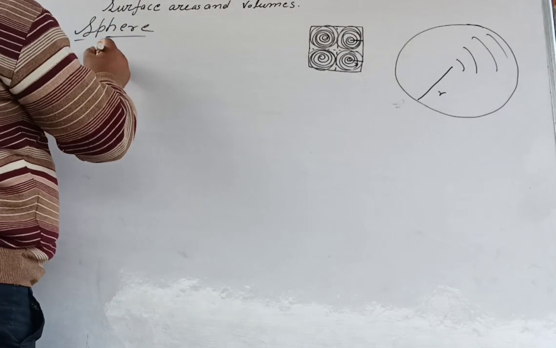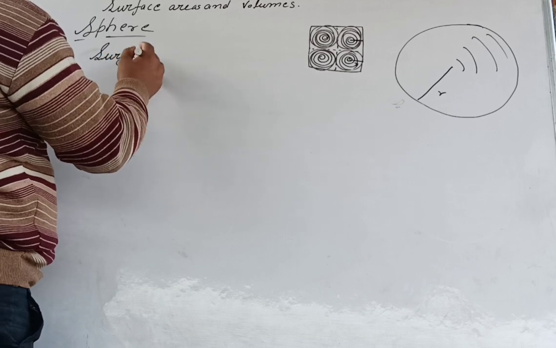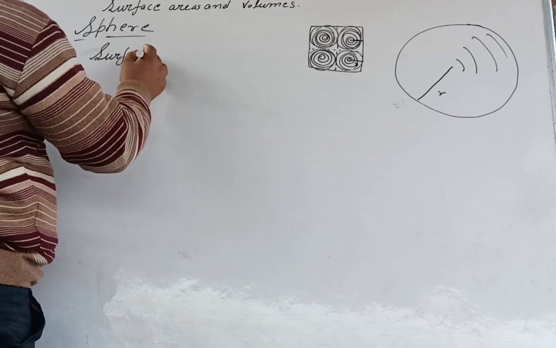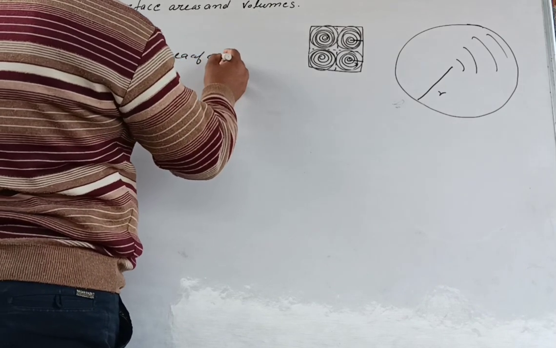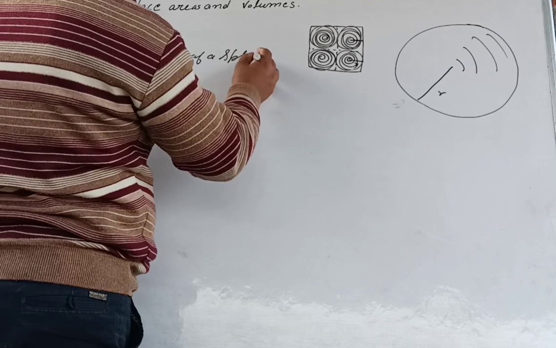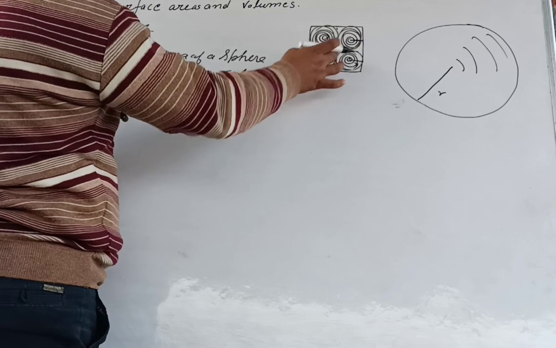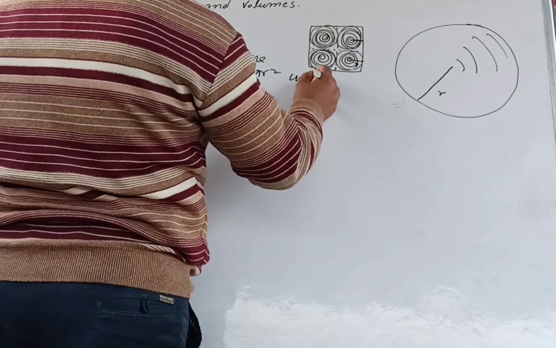Therefore, the surface area of sphere. Only one surface of a sphere, the cut surface. The surface area of a sphere is equal to 4 pi r square, meaning 4 times the area of a circle, unit square.